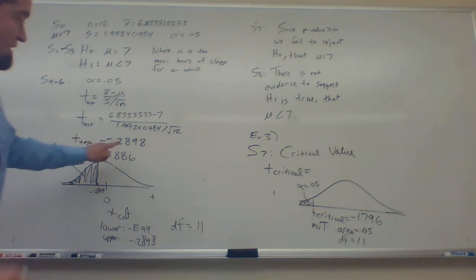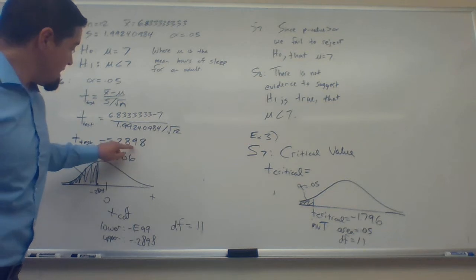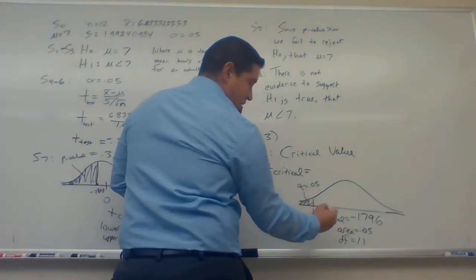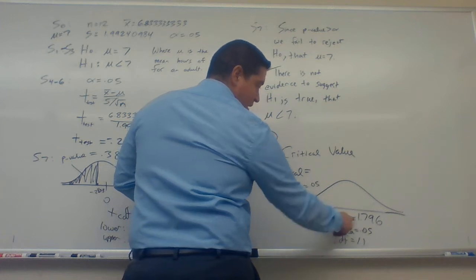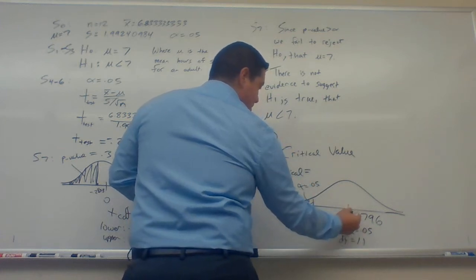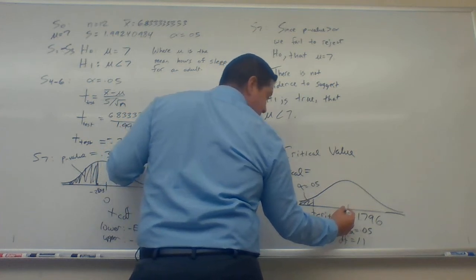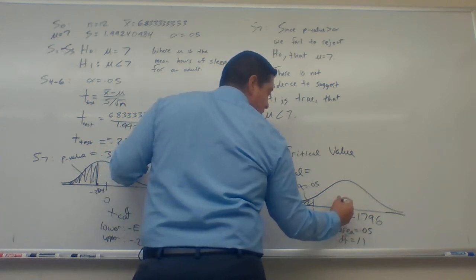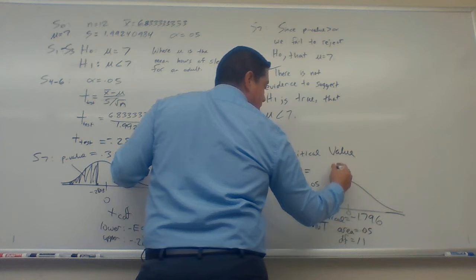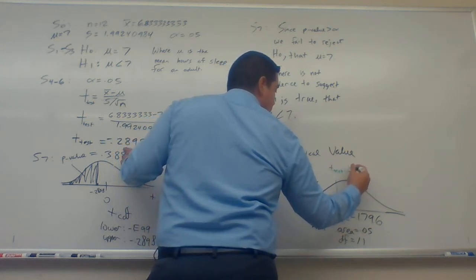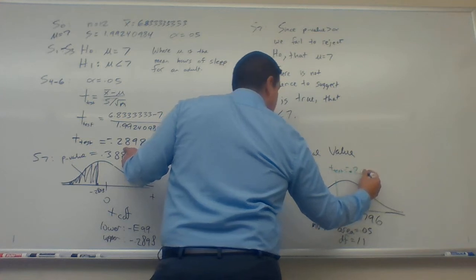We're going to see, is the t-test negative 0.2898 in the critical region? Is that in here? Well, negative 1.796, so this would be 0, and negative 0.2898 would be about here. That's the t-test, negative 0.2898.